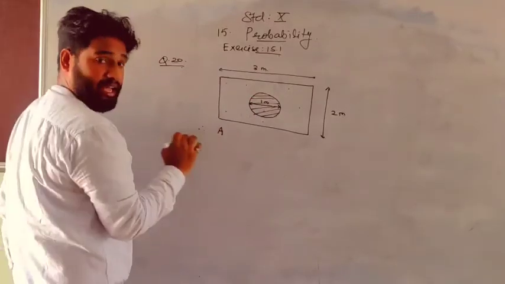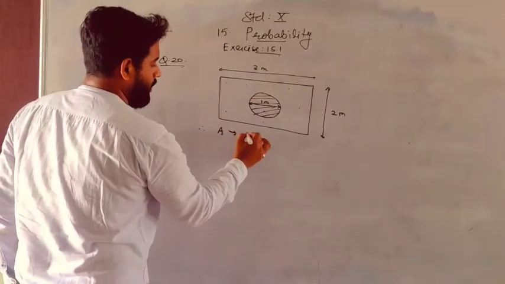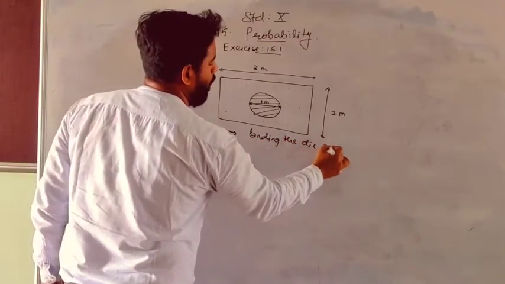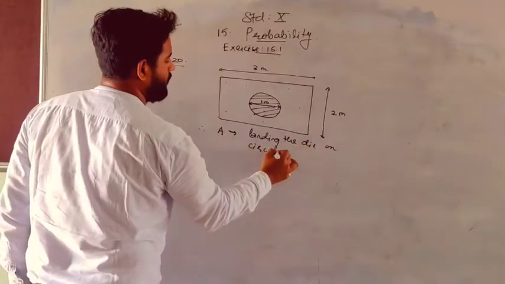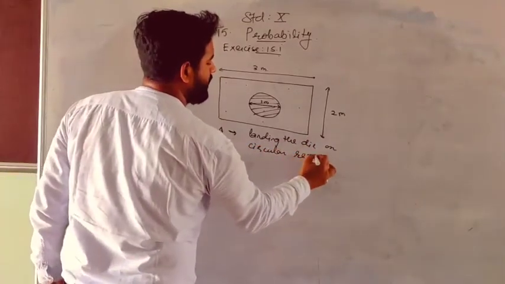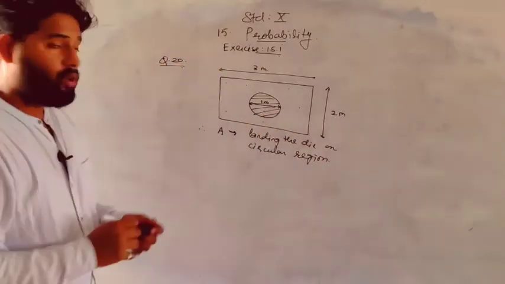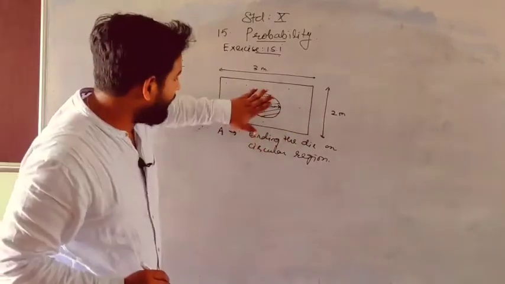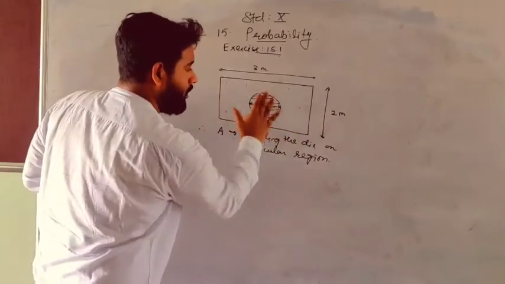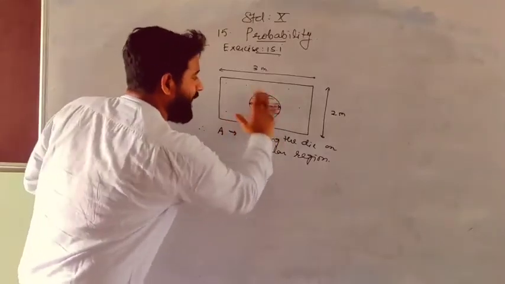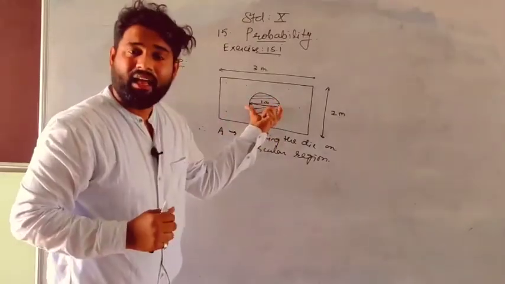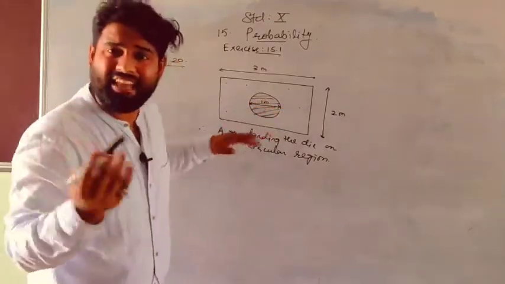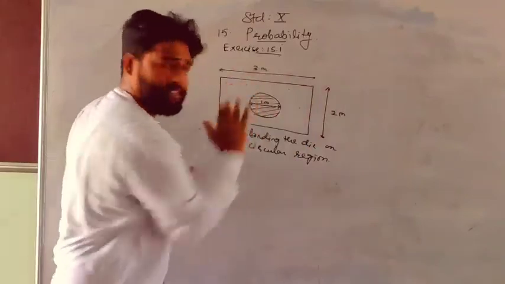Let me take it as event A: landing the die on the circular region. This smaller area is going to be your desired part, but it can land anywhere on this rectangular surface, right?